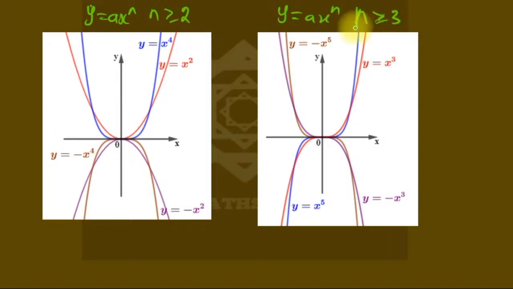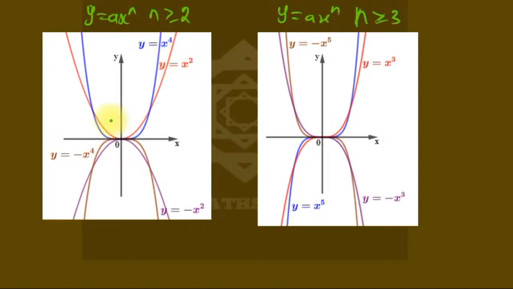You can see we have 4 graphs. One is y equals x raised to the power 4, the other is y equals x raised to a different power. You notice that for both of them the coefficient is positive, they have positive 1 as the coefficient, so that's why it's concave up.